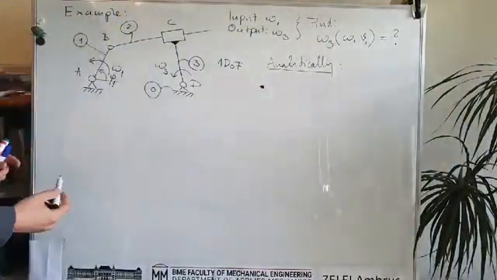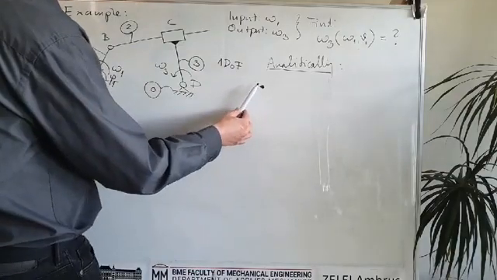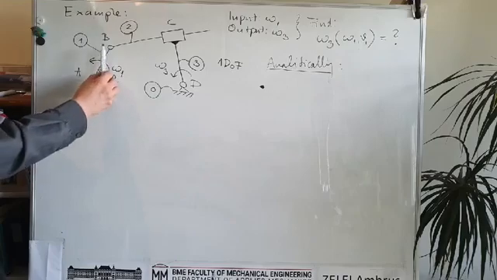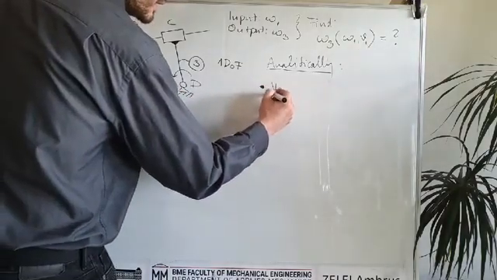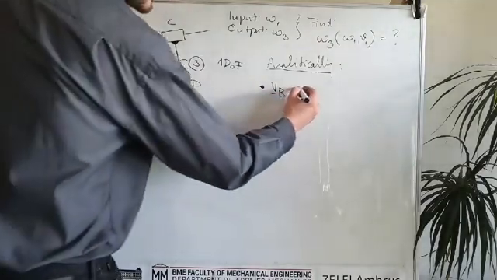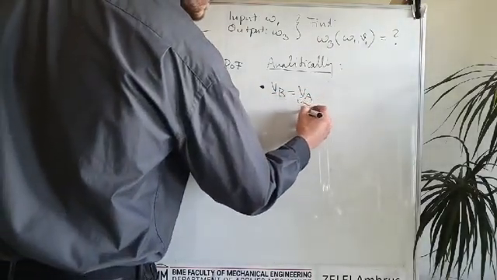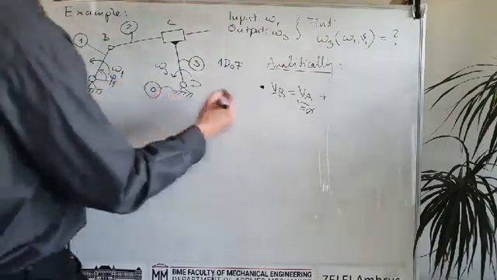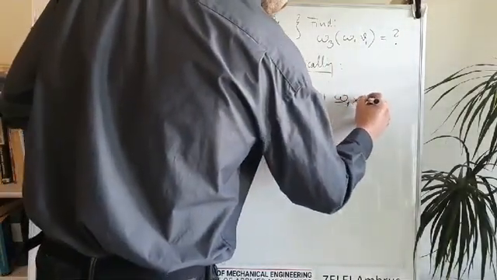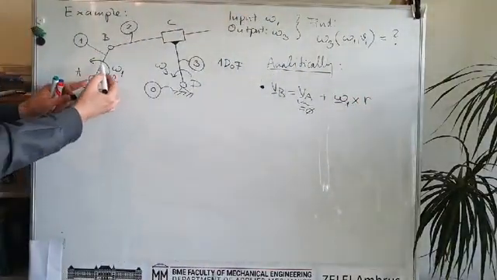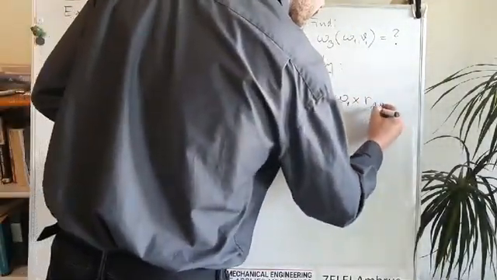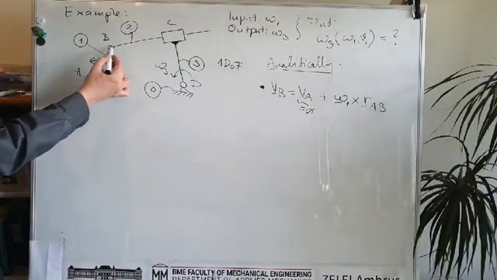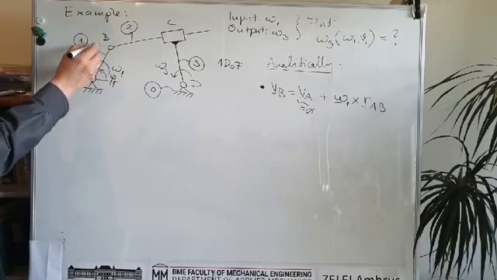For example, and this we should be familiar with from the course called dynamics, we can calculate the velocity of point B. So VB is equal to VA, which is 0, plus omega 1 cross the position vector from A to B. We have this equation, and we can calculate the velocity of point B very quickly and nicely.